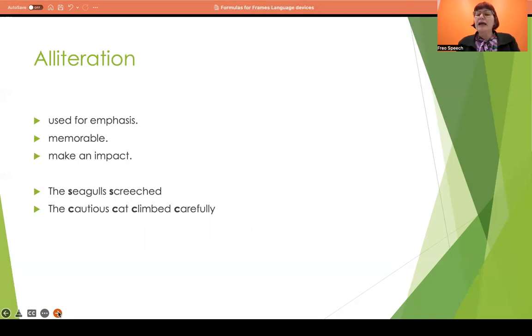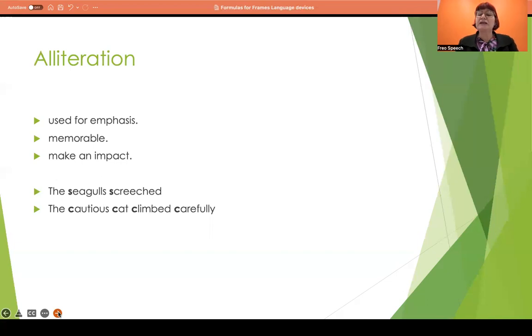Alliteration. Again, often kids know what it is: the seagull screeched, or the cautious cat climbed carefully, but they don't know why they use it. What I did with the year fours was I said to them, take your first name, so my name's Jenny, take the first sound of Jenny, which is J, and then think of a shop that will sell something that starts with that same sound as your name.